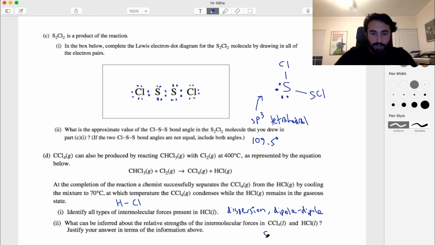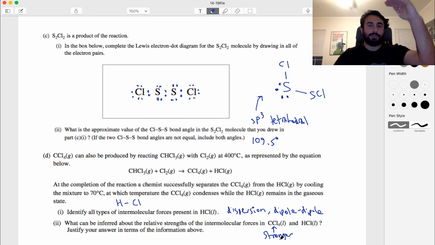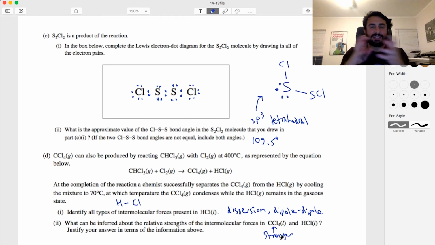So we're going to say stronger for CCl4 because as the temperature is going down, the particles are moving more and more slowly, and so the ones that stick together the best will condense first as it's cooling down. And so since CCl4 condenses first, it must be making very strong, in this case, only dispersion interactions. So the dispersion interactions in CCl4 are stronger than the dipole-dipole interactions in HCl, which is interesting.